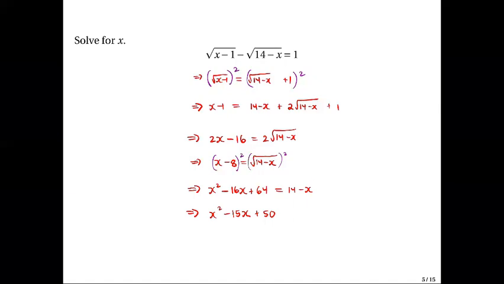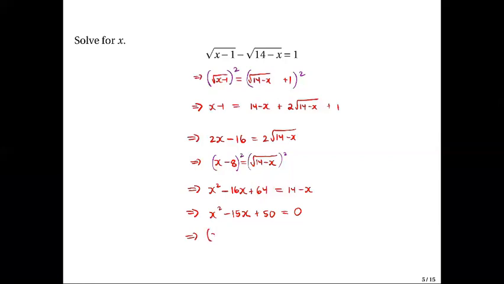Minus 15x, because if we bring this to the other side, it becomes plus x, so minus 16x plus x is minus 15x. Here we have 64 and we have 14, so this 14, we bring it to the other side, that becomes minus 14. So 64 minus 14, that's 50. From here, you can do your factoring, you can do your quadratic formula. I'll just use factoring here.